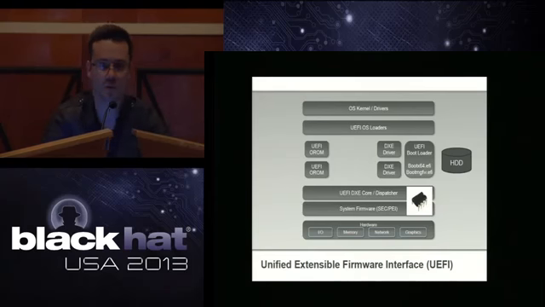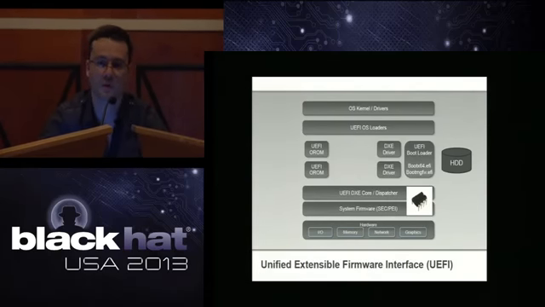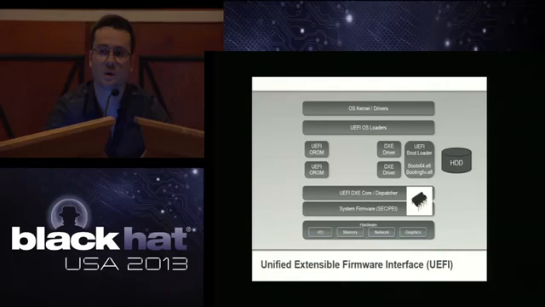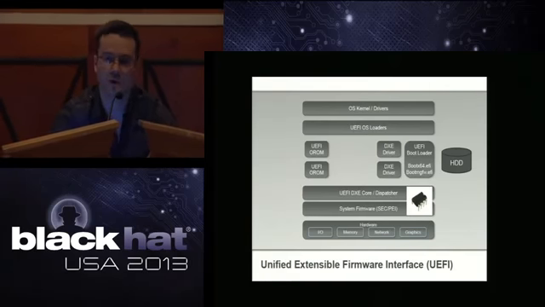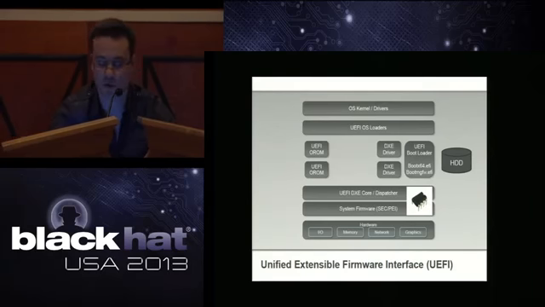This is a rough picture of the firmware software stack on modern PC systems, or not just PC actually. You have a bottom layer which is hardware: chipset, CPU, and a bunch of devices, network cards, hard drives, and so on. And you have system firmware running on top of it, which, if it conforms to the UEFI standard, is a newer firmware. In the past, it was a legacy BIOS. In UEFI terminology, the system firmware starts from the SEC, security phase, and then jumps to the pre-EFI initialization phase, where all the bootstrapping of the hardware is happening.